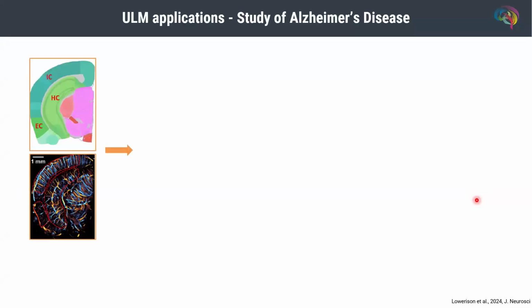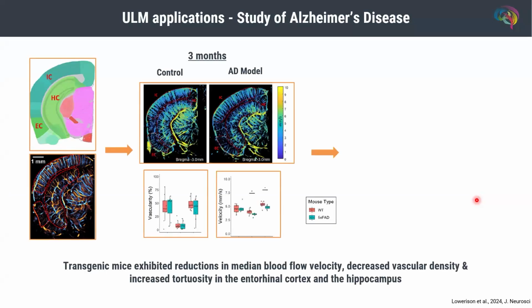So here you see an example of ULM for the study of Alzheimer's disease. Here the authors investigated early microvascular changes associated with Alzheimer's in the 5xFAD mouse model. And they were able to assess that at 3 months, the transgenic mice exhibited a significant reduction in the blood flow velocity within the hippocampus and entorhinal cortex compared to controls.